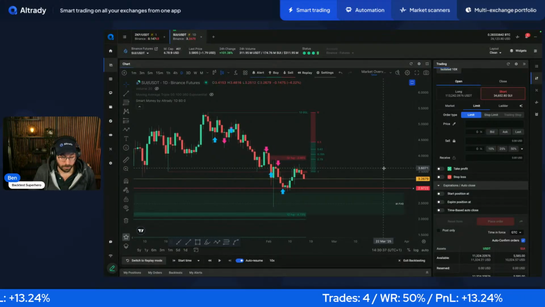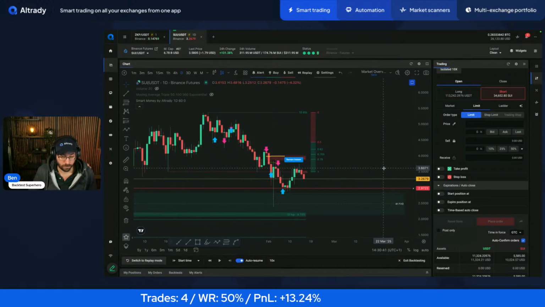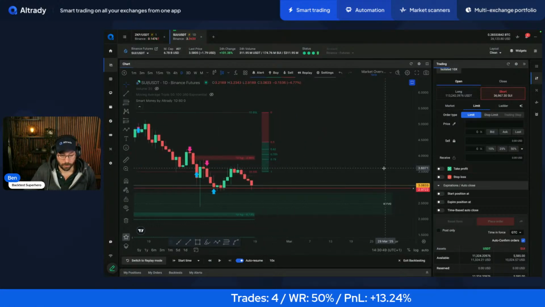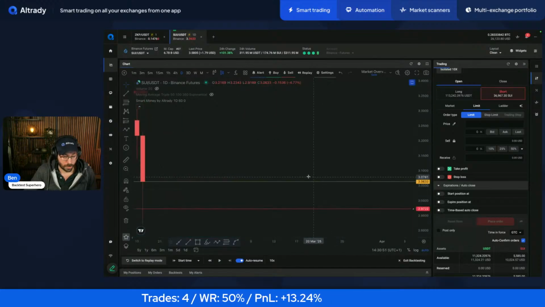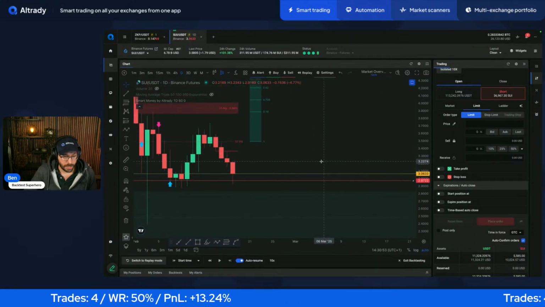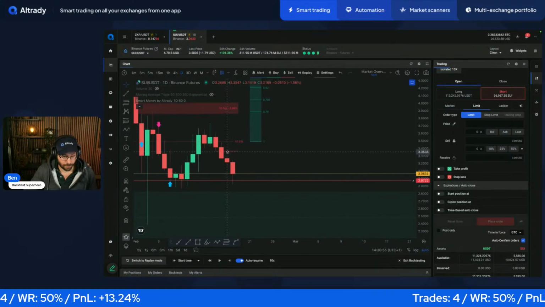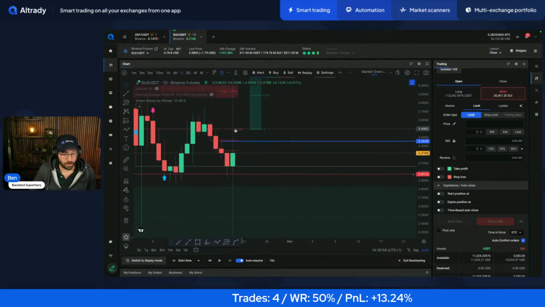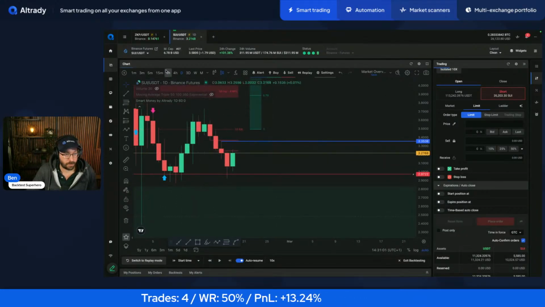Yeah, so far you had this reaction from the fair value gap here. Let's see what the price does. There is no clear sign yet, except this one. Yeah, so we have that teeny tiny fair value gap right here. Oh, there's another one.